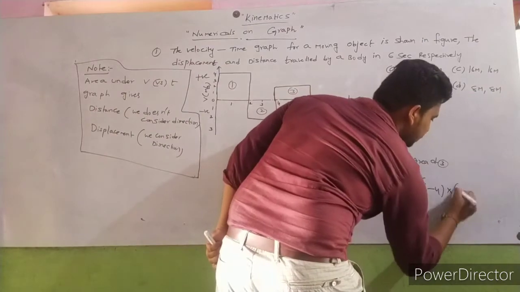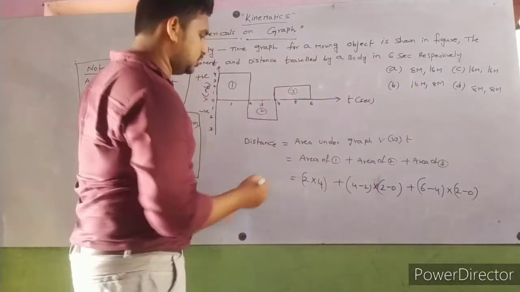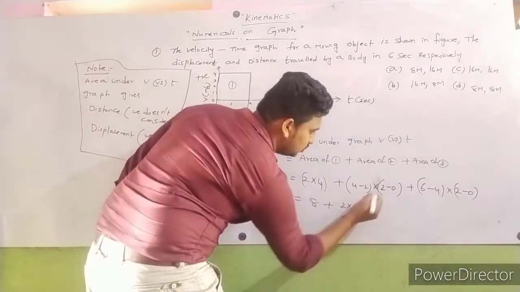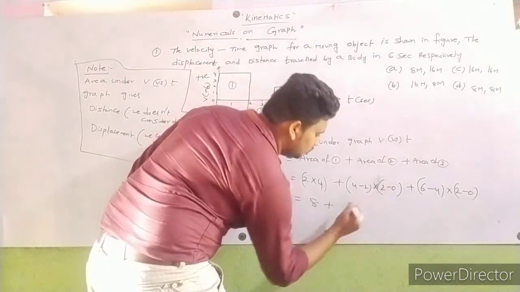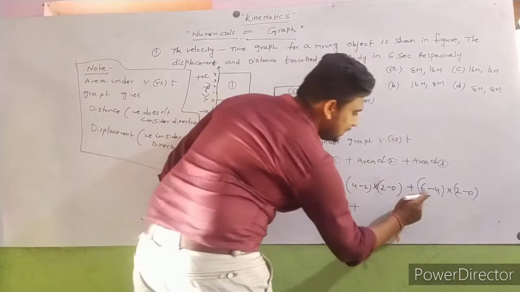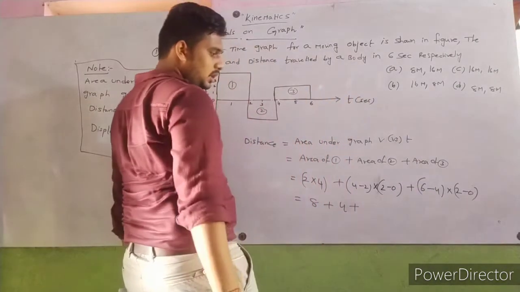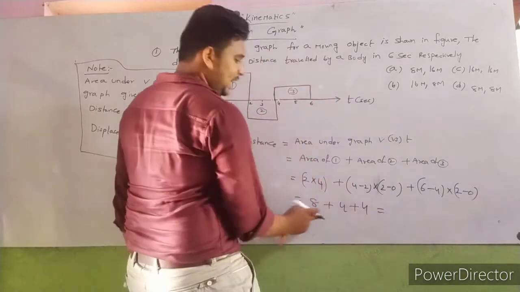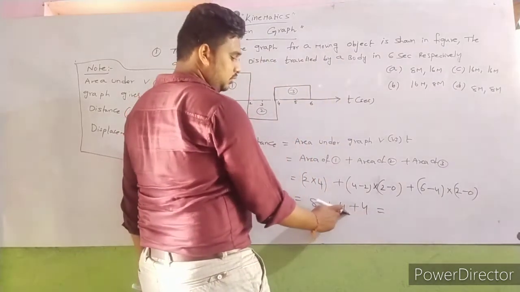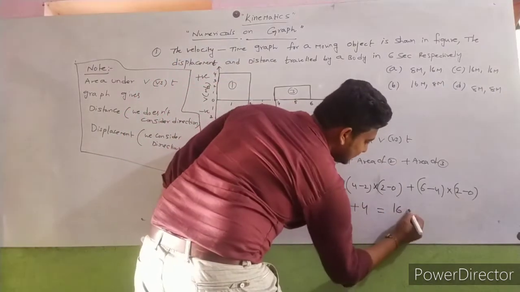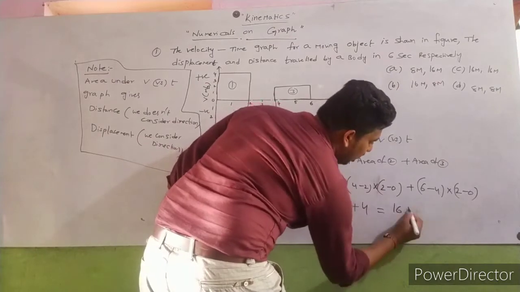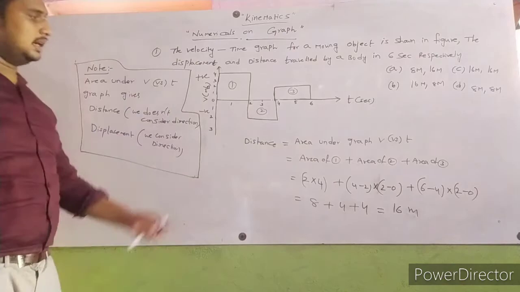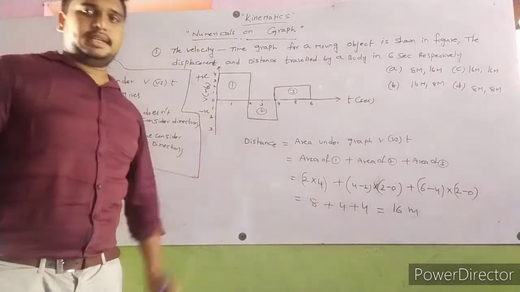So 2 into 4 is 8, 4 minus 2 is 2, 2 into 2 is 4, and 6 minus 4 is 2, 2 into 2 is 4. Finally we got 8 plus 4 is 12, 12 plus 4 is 16 meters. So 16 meters is the distance here.